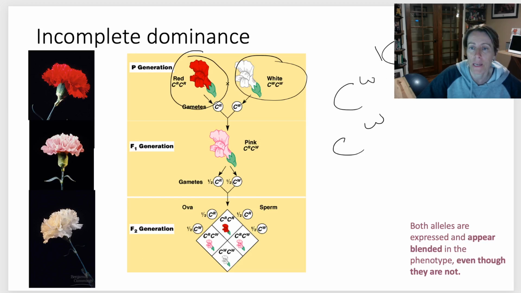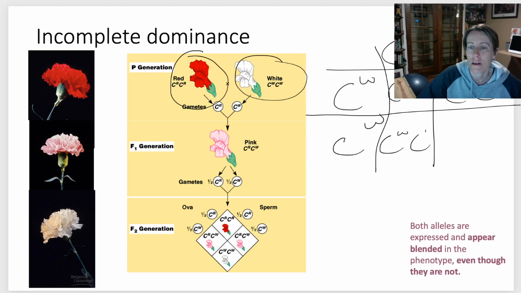And if we do a Punnett square, which is what we would normally do to find out how the babies would come out, we're going to get CWCR, CWCR, CWCR, CWCR, right?